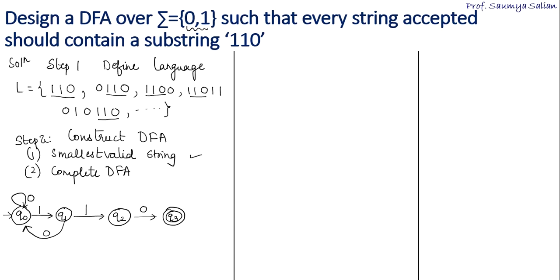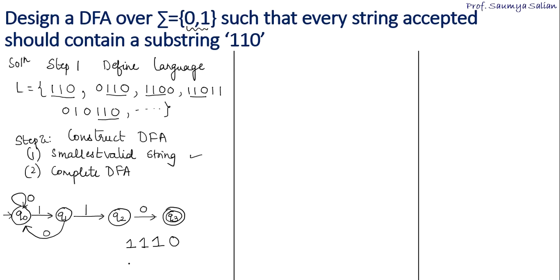Coming to Q2, to reach Q2 from the initial state, I have transitions of input 1 and from Q1 to Q2, input 1. Q2 has already responded to input 0. Now it has to respond to input 1. If I get a 1 over here, I know to reach final state, I have the transition 0.